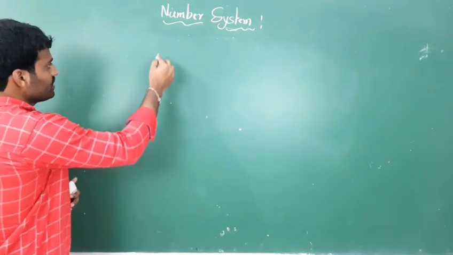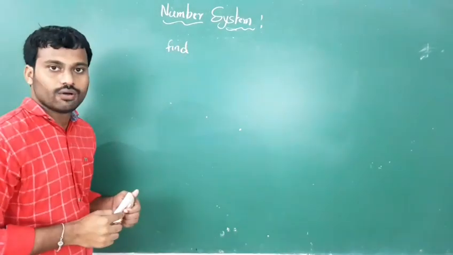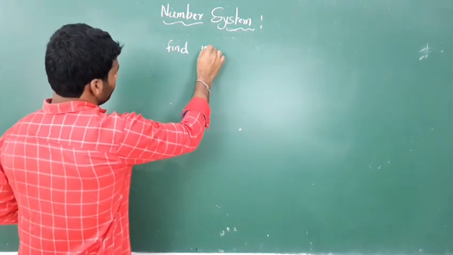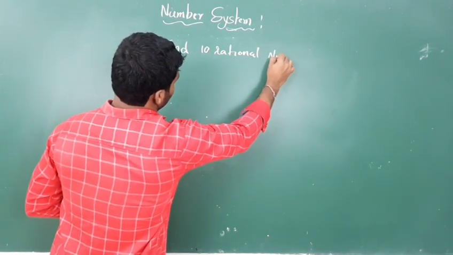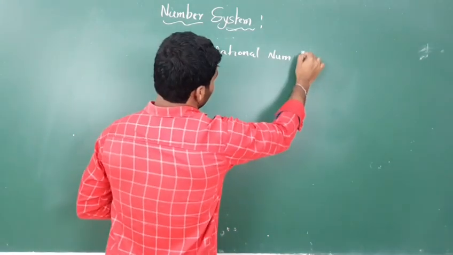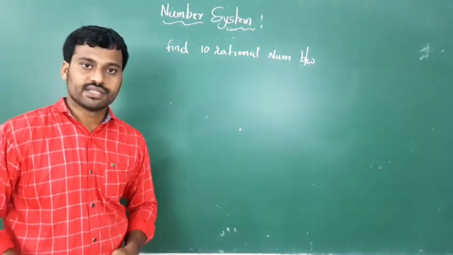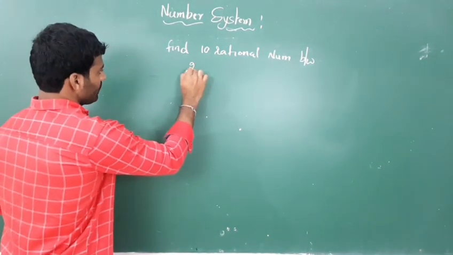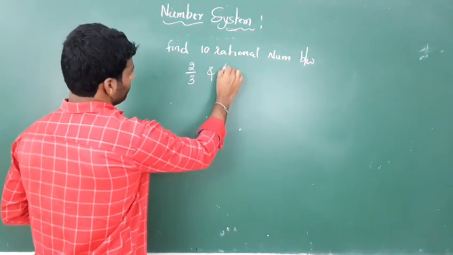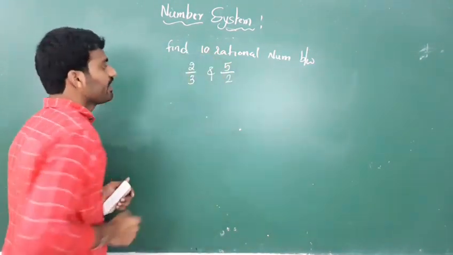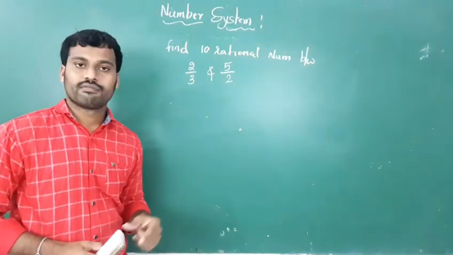Suppose, find 10 rational numbers between 2 by 3 and 5 by 2. 2 by 3 is different from 5 by 2.